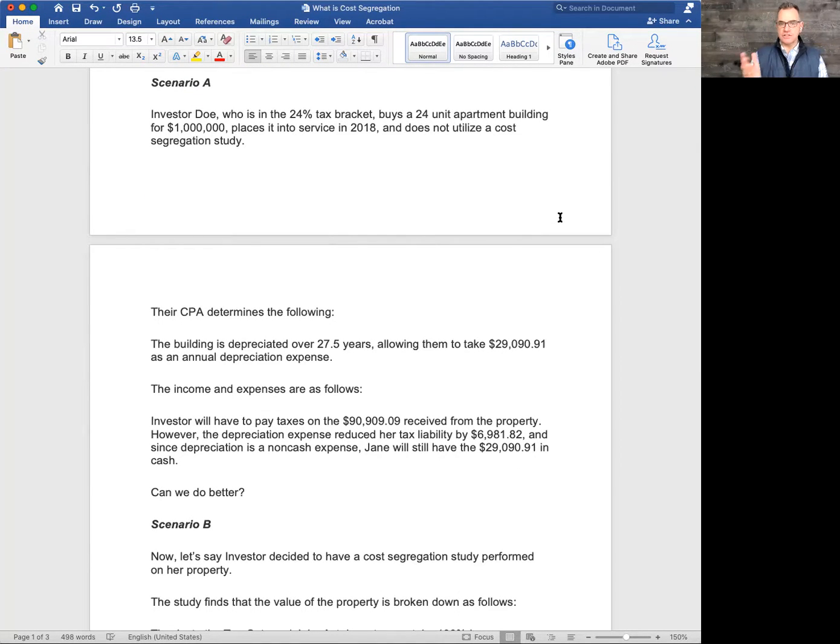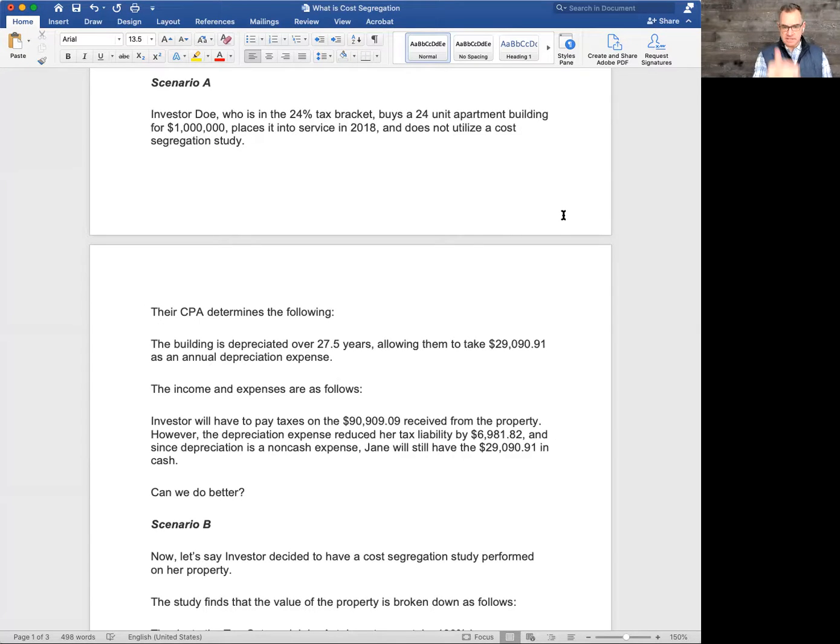Regular depreciation, 27.5 years. Let's say Investor Doe, that's John Doe, only I called him Investor Doe, who's in a 24% tax bracket, buys a 24-unit apartment complex. They put $1 million toward the acquisition. Now remember, it's only sticks and bricks that can be depreciated, not land, so there's a deduction for land value.